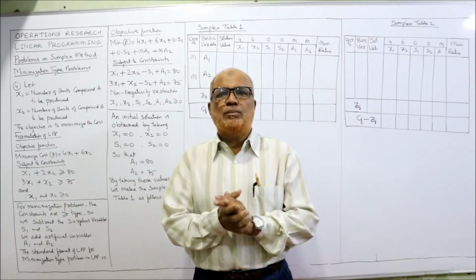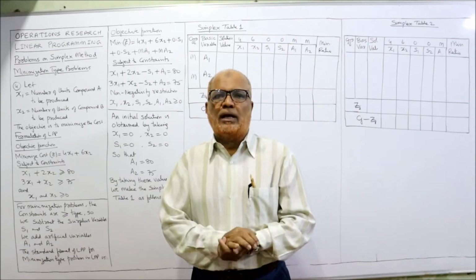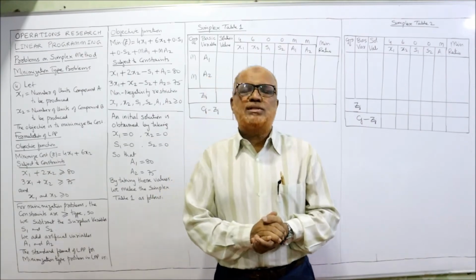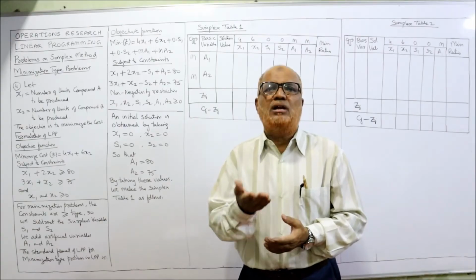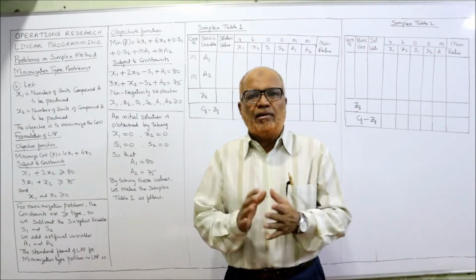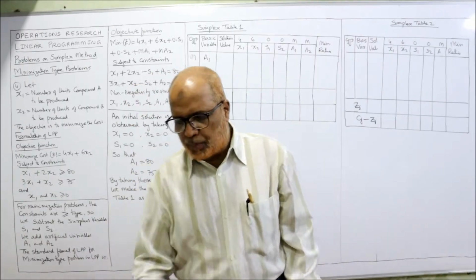For minimization problems, the constraints will be greater than or equal to type. In this case, we have to subtract the surplus variables and add artificial variables. Remaining calculations are the same. So here I am going to start the fourth problem.